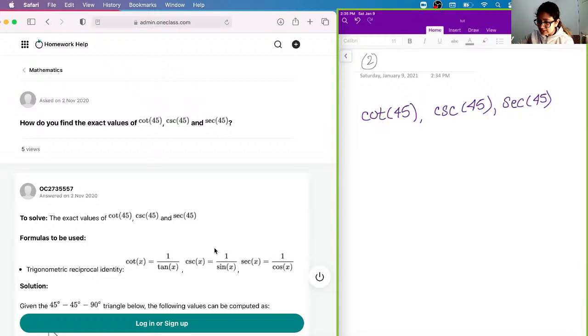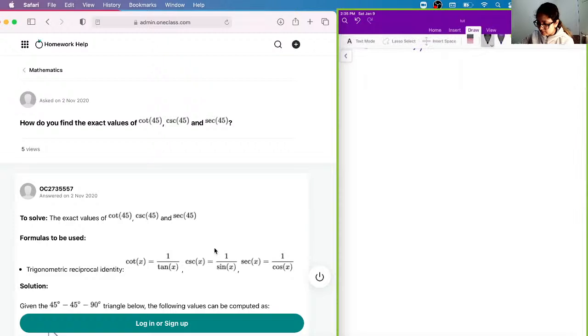The formulas that need to be used are the trigonometric reciprocal identities.